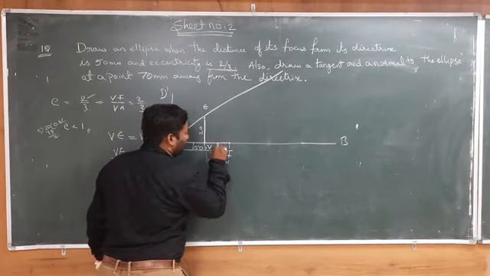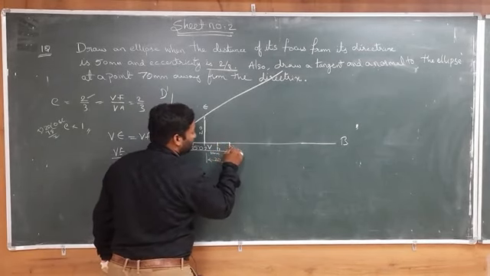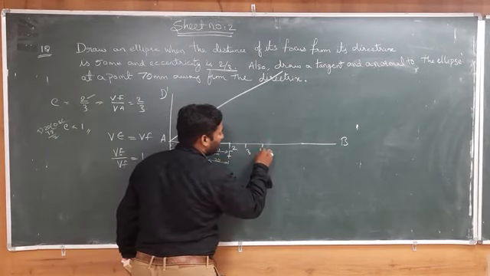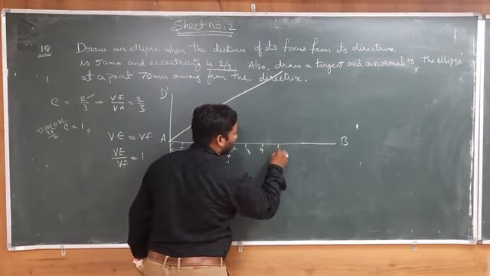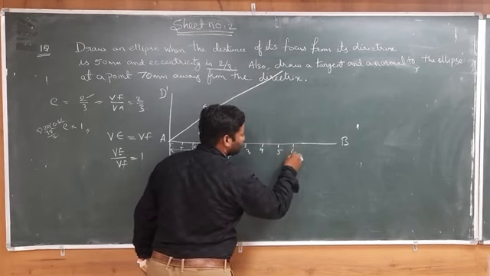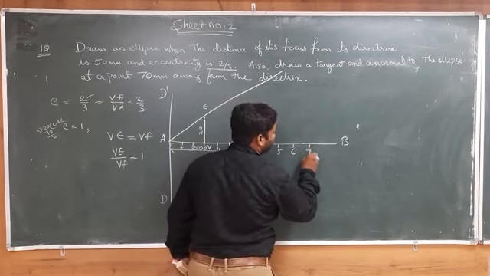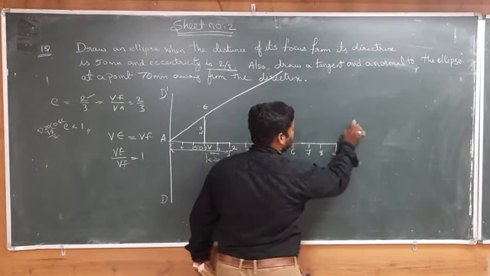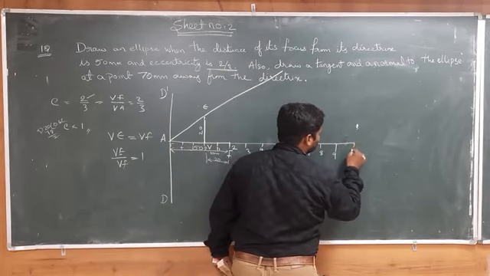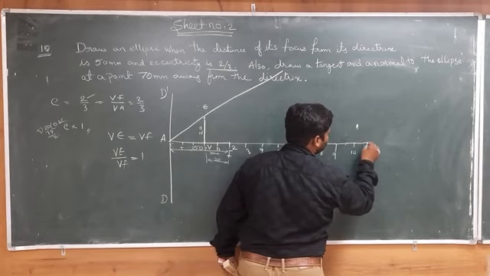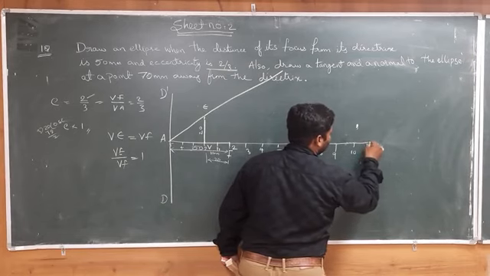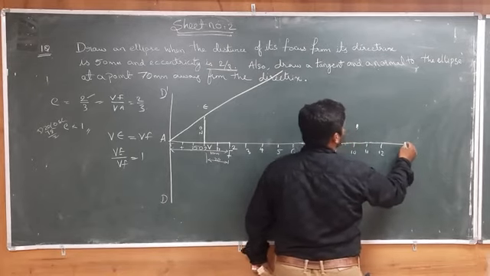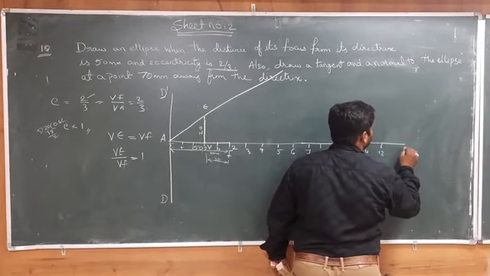So this is 1, the focus will be at 2, then 3, 4, 5, 6, 7, 8, 9, 10, 11, 12, and we will extend somewhat more, that is 13.